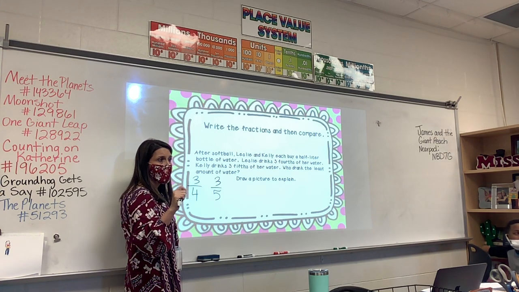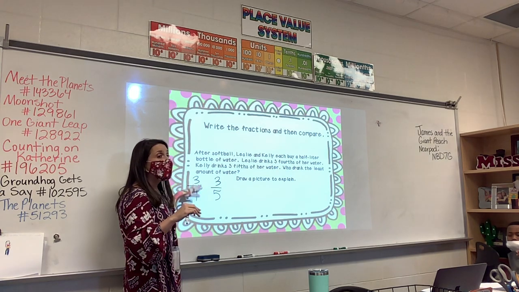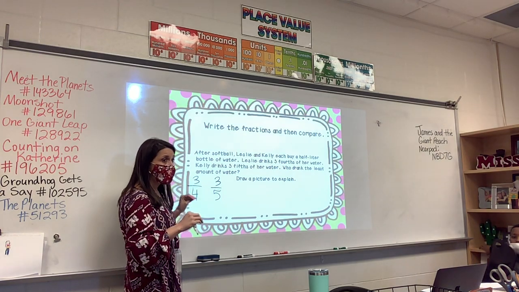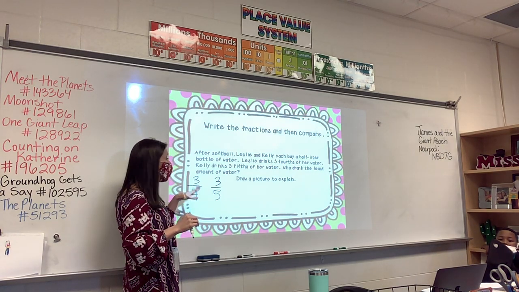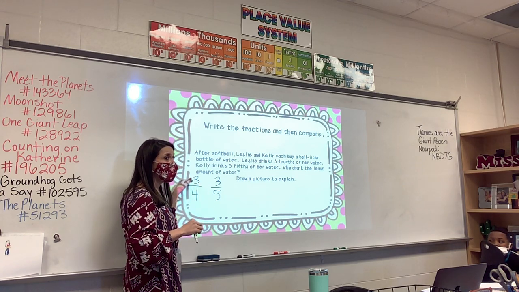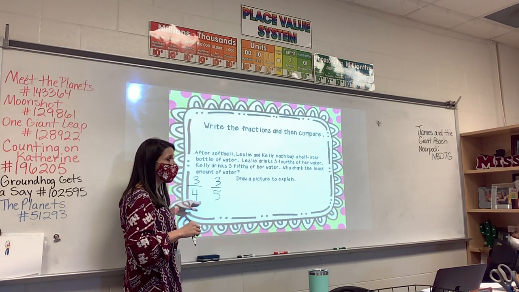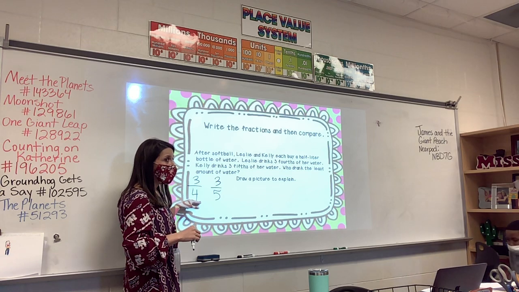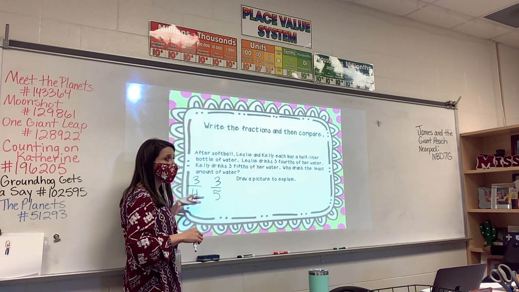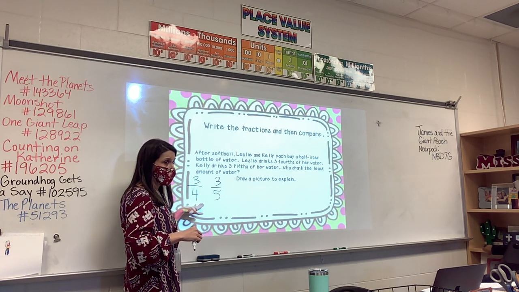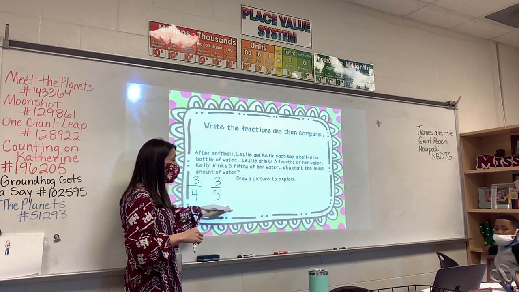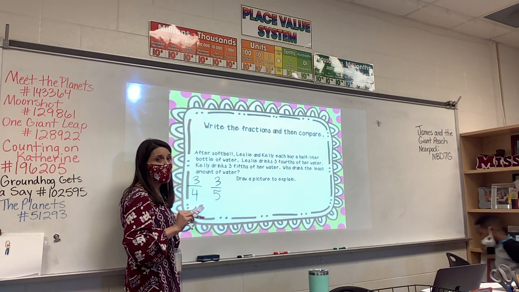Okay. The rule for fractions, y'all. Remember this. 3/4 and 3/5. When the numerators are the same, we look at the denominator. The greater the denominator, the smaller your fraction. It doesn't matter that 5 is bigger than 4, we're talking about fractions.